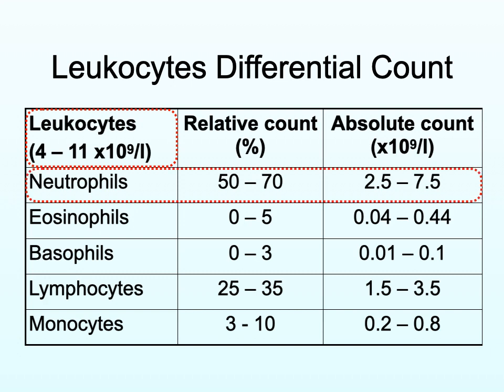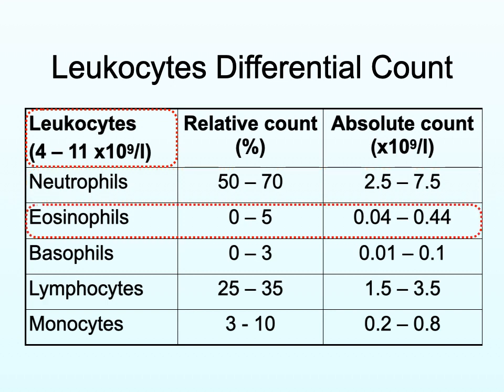Neutrophils, which are the most abundant white blood cells, the relative count is between 50 to 70%, and the absolute count is between 2.5 to 7.5 times 10 to the power of 9 per liter. Eosinophils, between 0 to 5%, and the absolute count is 0.04 to 0.44.